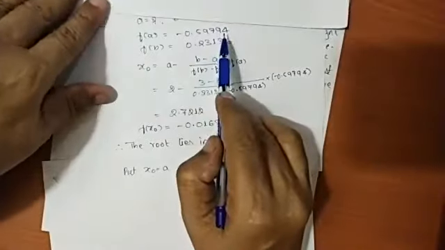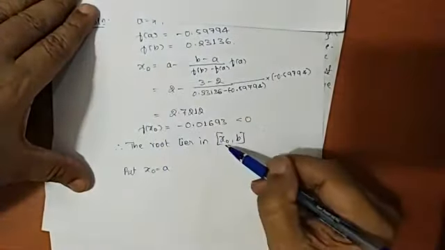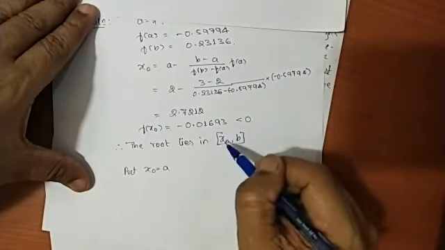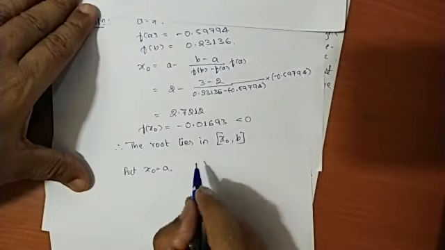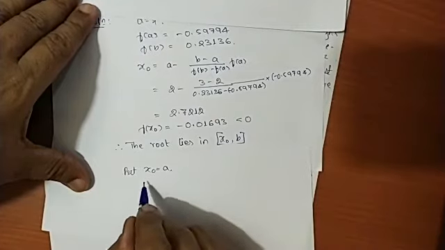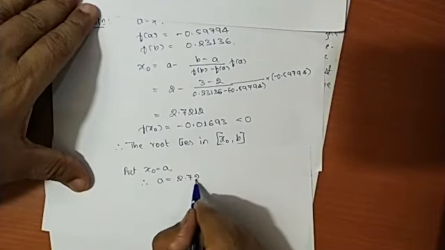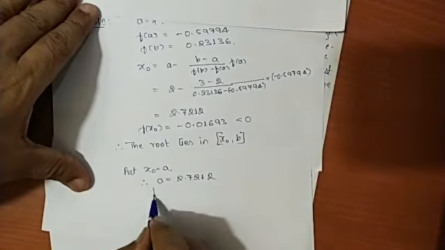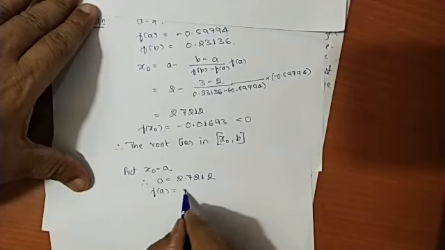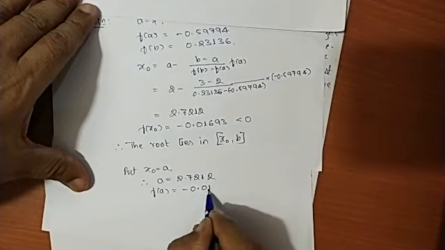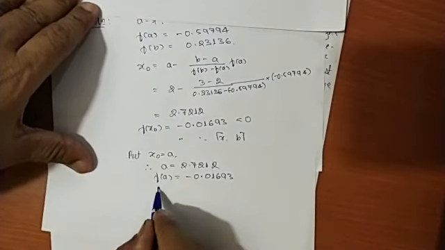Therefore, certainly there is no root from a to x naught. Therefore, I shift this a to x naught. So a will be equal to 2.7212. And f of a is minus 0.01693.